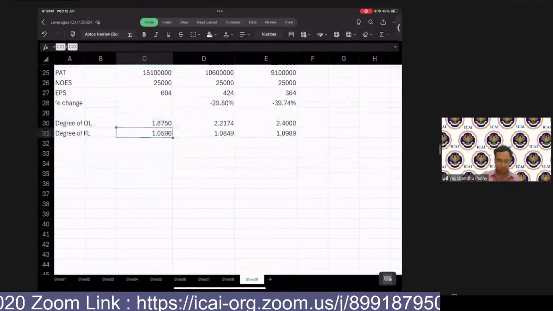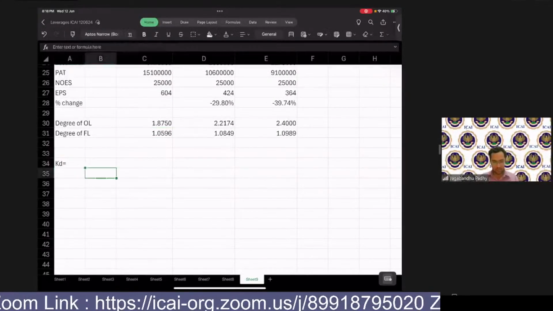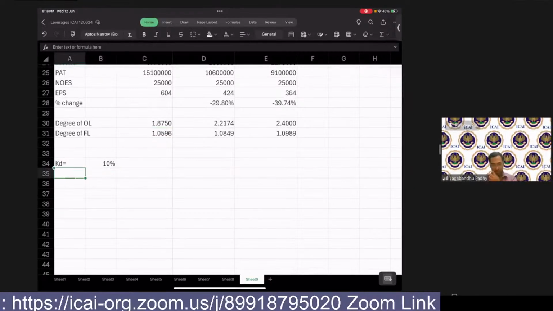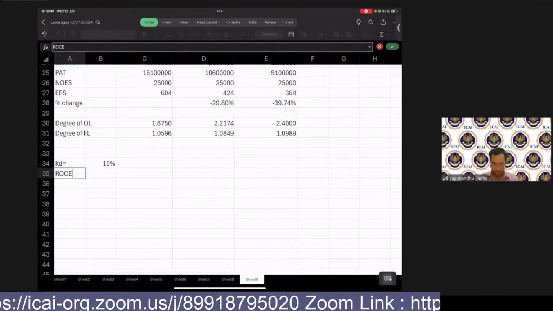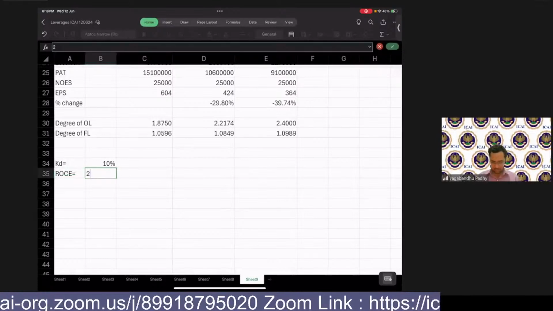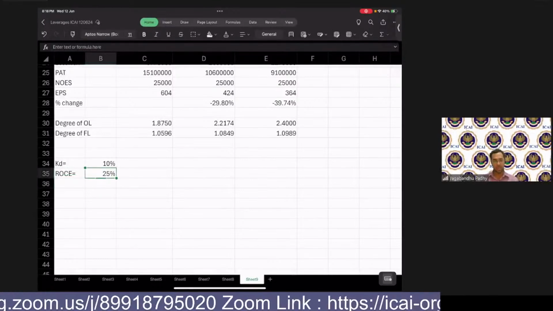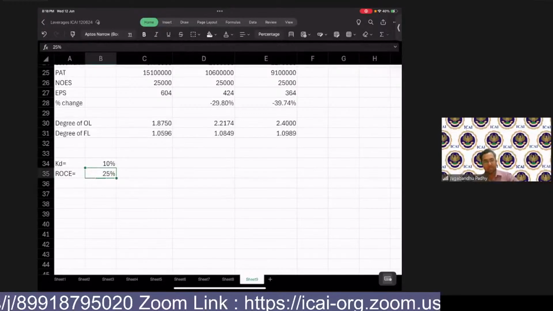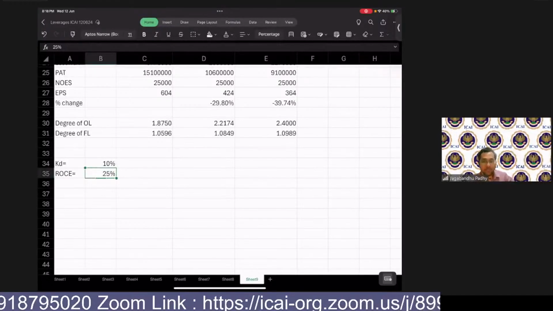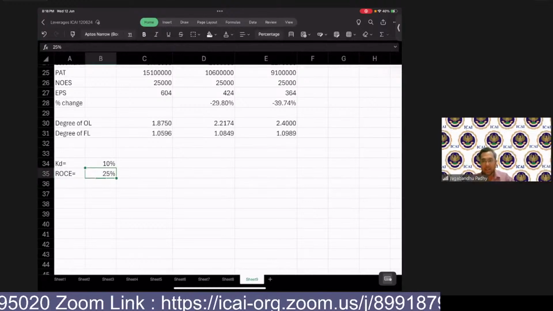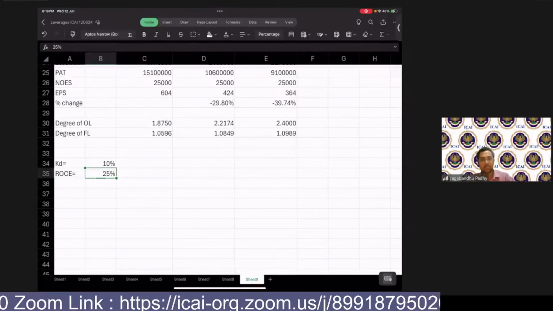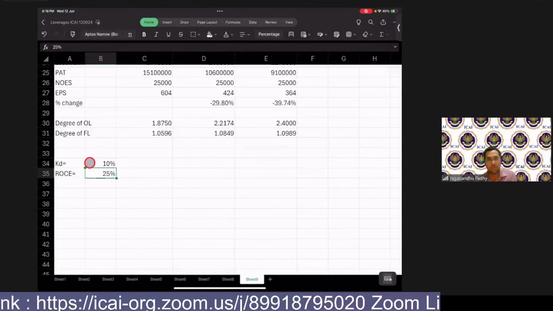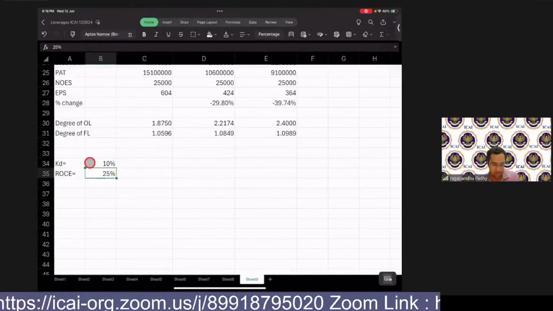For example, if your cost of debt is 10% and return on capital employed is let's say 25%, you are raising money at 10% and able to reinvest it at 25%. So it's a positive thing, because taking this debt will be beneficial for you as you're able to invest it at a higher rate, right?